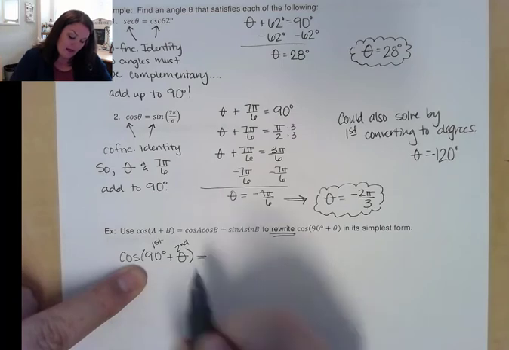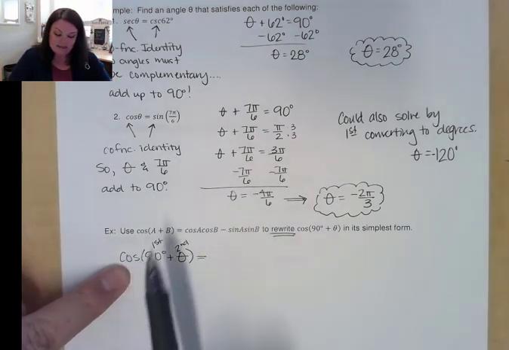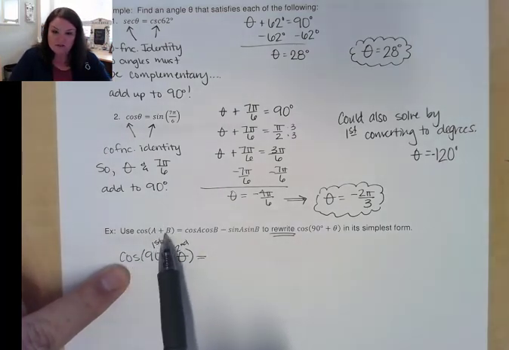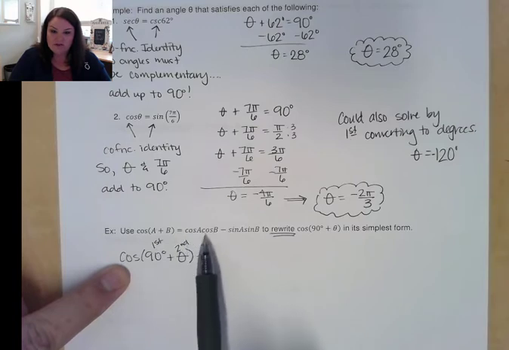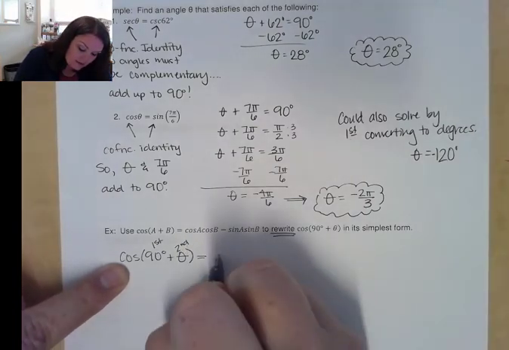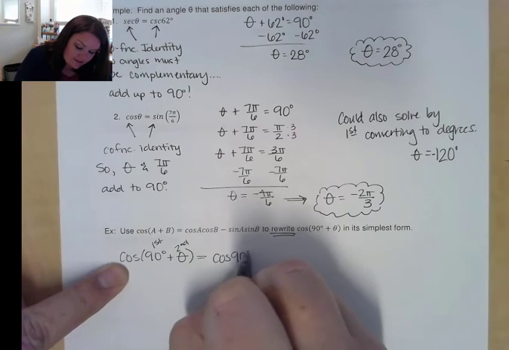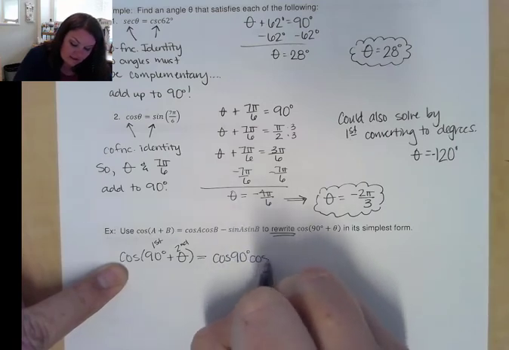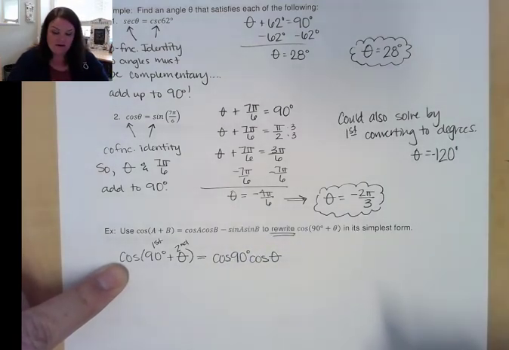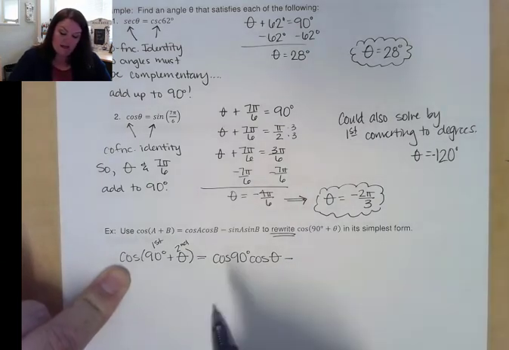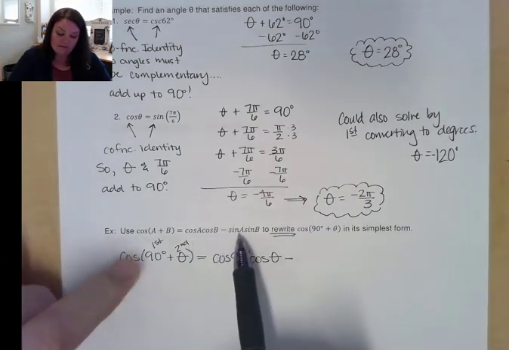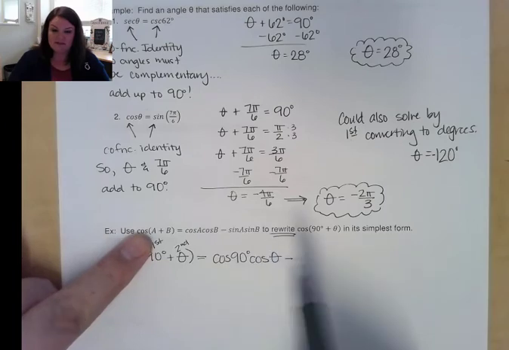So I'm going to use my cosine identity that says when we add 2 angles, we do cosine of the first times cosine of the second. So cosine of the first is 90 degrees. Cosine of the second is cosine theta, minus, and then we do sine of the first and sine of the second.